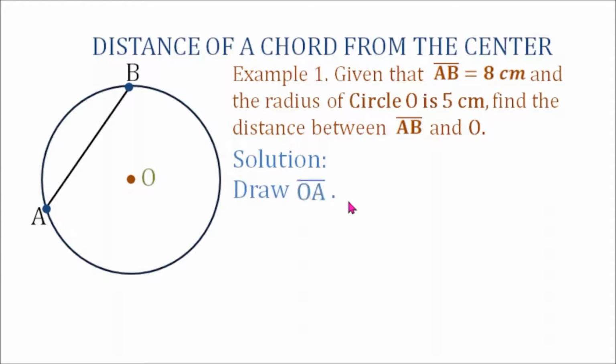First, let's draw line segment OA. This is the radius. Then we are also going to draw line segment OC, which is perpendicular to line segment AB. So we can draw this one.